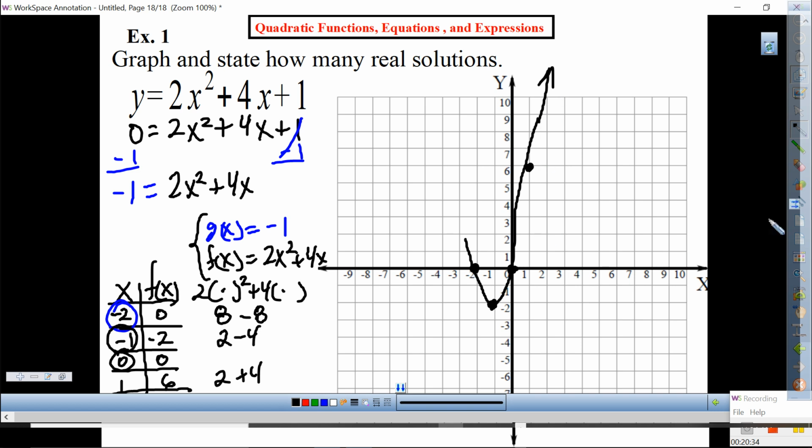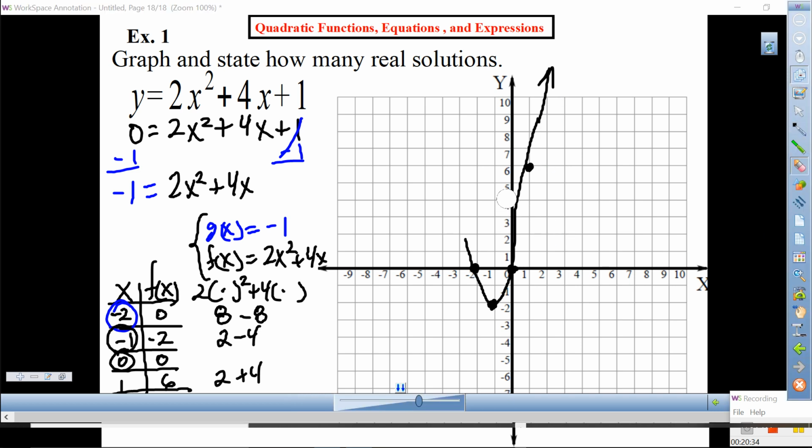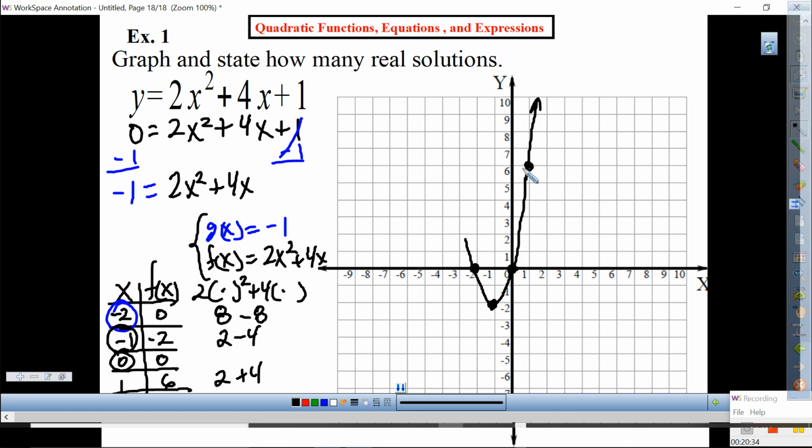There it is. All right, and let's label this one f of x. Okay. All right, so we graph f of x.